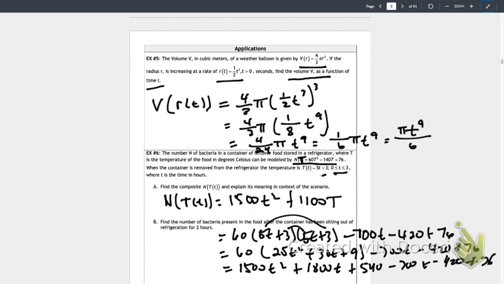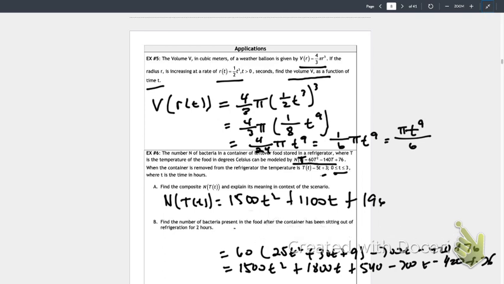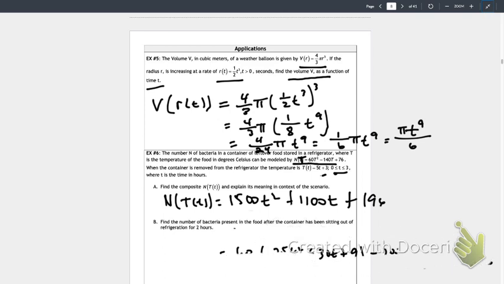Oops, wrong T, sorry. Plus the 540 minus 420 would be 120, plus 76 would be 196, so plus 196. All right, so that's our equation for the number of bacteria with respect to time.